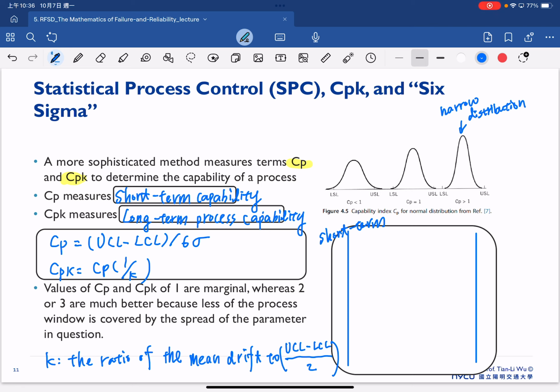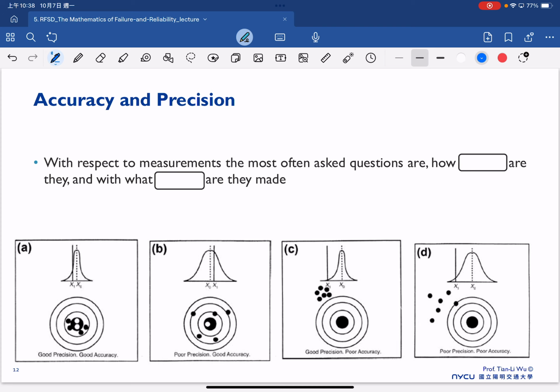And this comes out with a question related to the accuracy and the precision. So with respect to the measurement, the most often asked question is, how accurate are they?